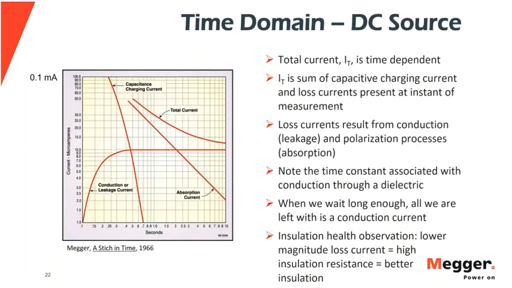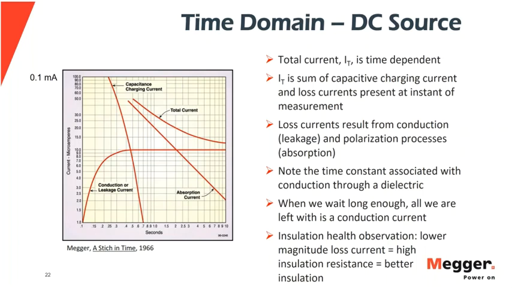More. And actually, a good place to start is by looking at what happens when we apply DC voltage to an insulation in the time domain. This is a nice figure that comes right out of Megger's classic, A Stitch in Time, the first edition of which was published all the way back in 1966. Just some general observations from this graph.